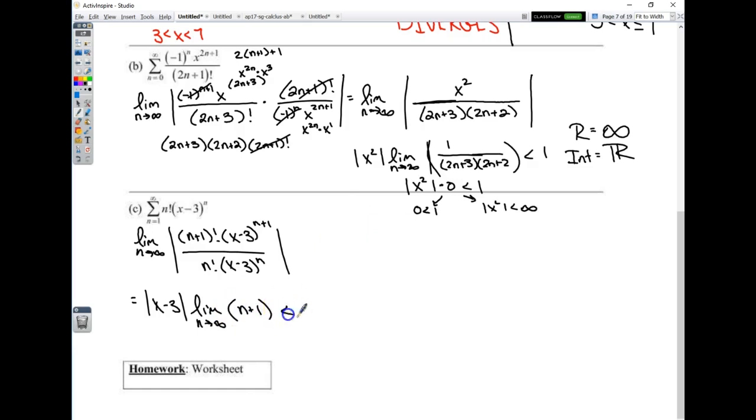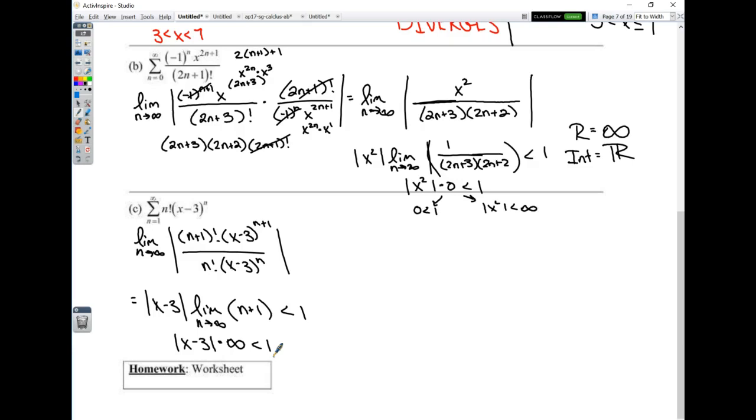I want that to be less than 1. So I have the absolute value of x minus 3. What is the limit as n approaches infinity of n plus 1? Again, two schools of thought here.